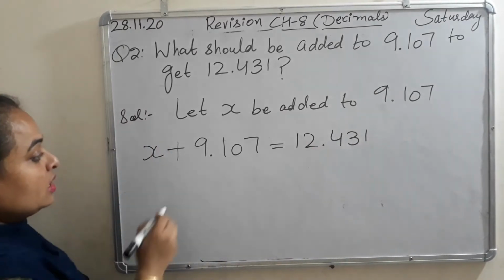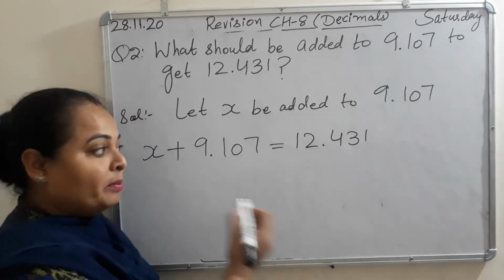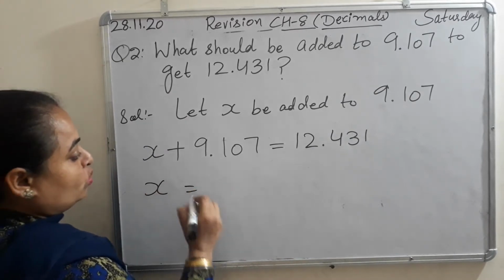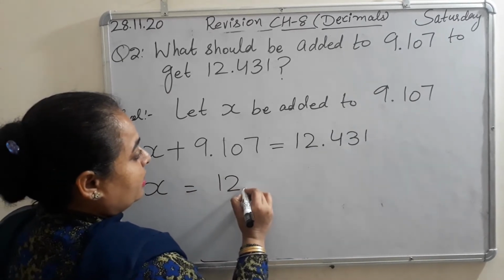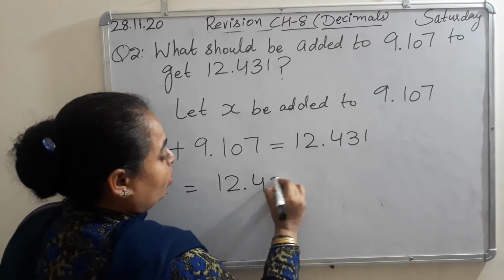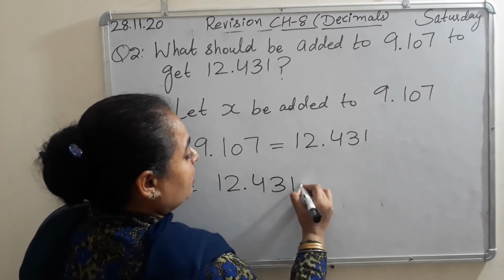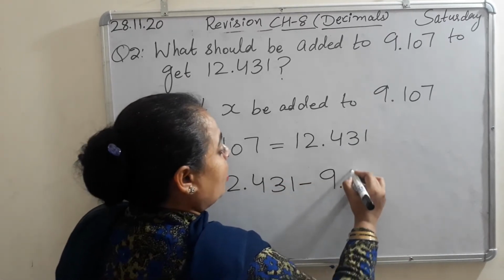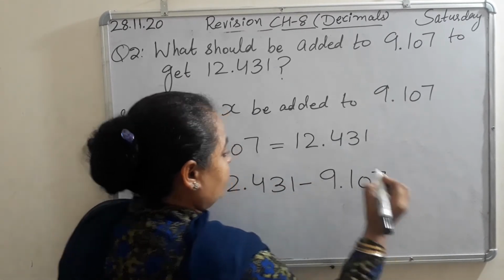After shifting, plus will change to minus. So x is equal to 12.431 minus 9.107.